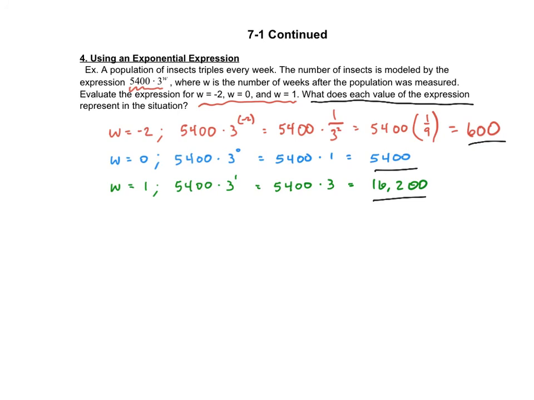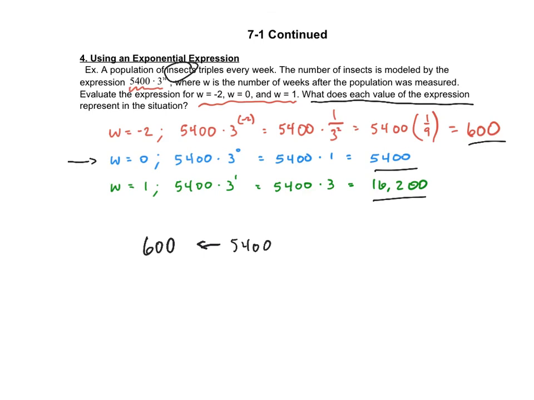Well, if I say these insects are grasshoppers, I should see here 0, as some of my students were able to tell me today, which was great. 0 represents my y-intercept. That's that starting point, the initial value. That's right now. And right now I have 5,400 grasshoppers. Okay, so if I have 5,400 grasshoppers right now, well, 2 weeks ago, we started off with 600 grasshoppers, because that is -2.